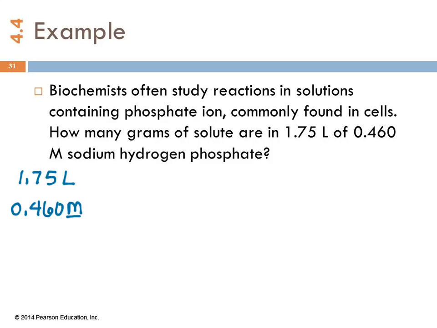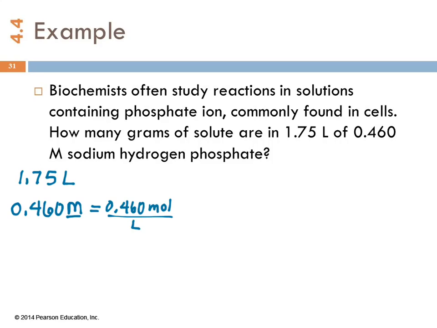But when you're writing it on your paper with your hand, use what it means, because otherwise you'll forget. You're like, how do I cancel out that capital M? It's moles per liter. It's 0.460 moles per liter. Now it looks more like a conversion factor, doesn't it?